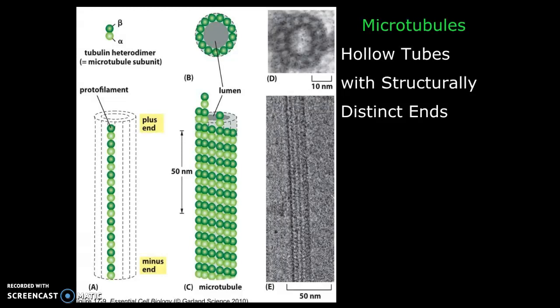So it'll be a dimer followed by a dimer followed by a dimer that will make up a protofilament. And then 13 protofilaments will come together to create a tube that we call the microtubule. And you can see through these EM micrographs in this picture that we can see this structure, and so we're pretty sure about this structure of microtubules.